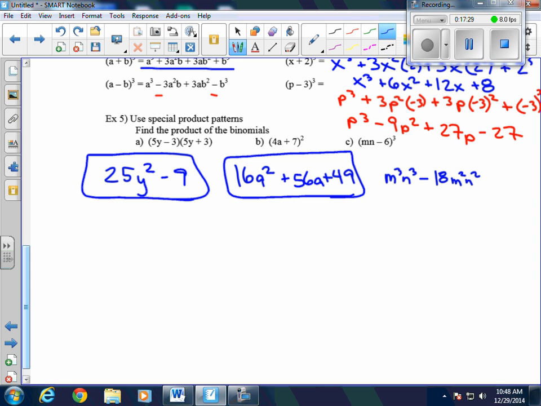Then we're going to go 3 times, well, 6 squared is 36. So 3 times 36 is 108. So plus 108 mn. And then negative 6 cubed is negative 216, so minus 216. So there's the answer to that one.